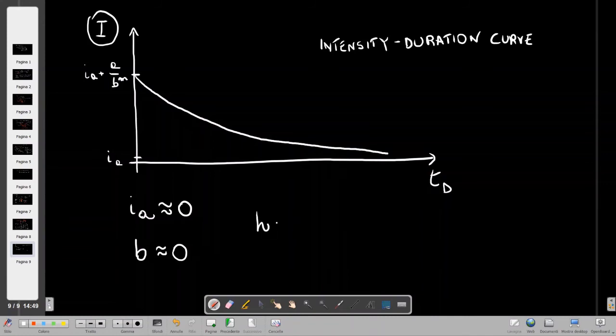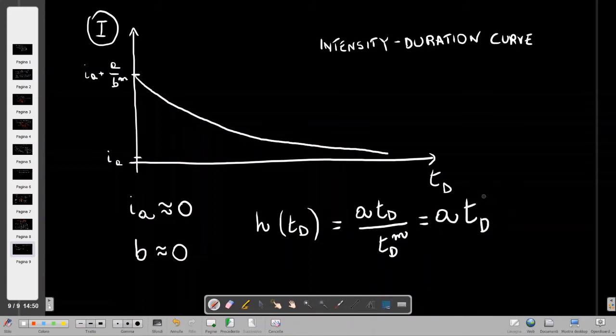In this case, we have that the rainfall depth as a function of its duration is equal to the parameter a, the duration td over the duration td power m, that is equal to a, the duration td 1 minus m. Then this is a number that we can call n.